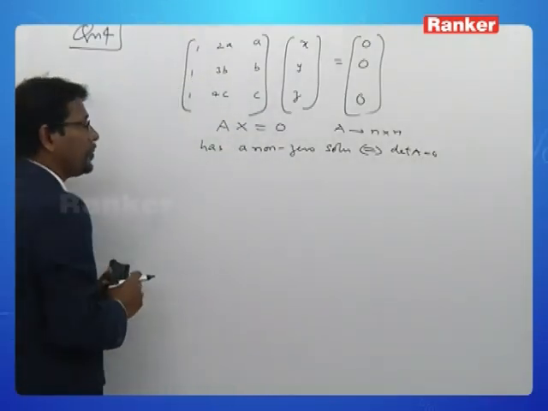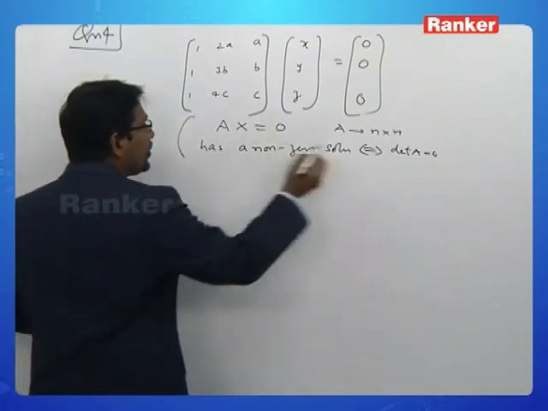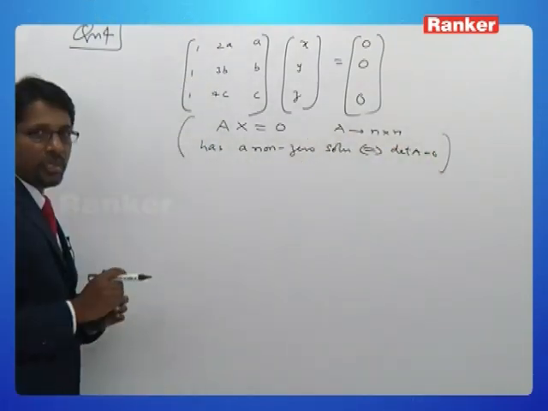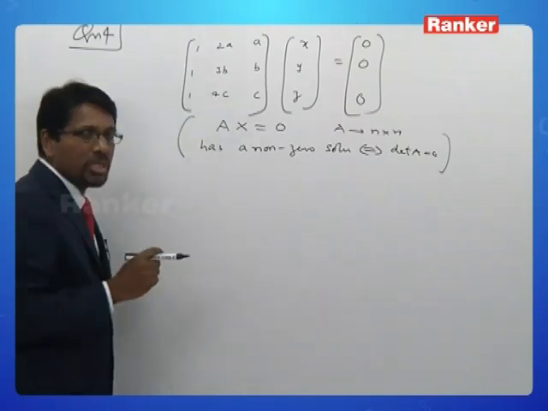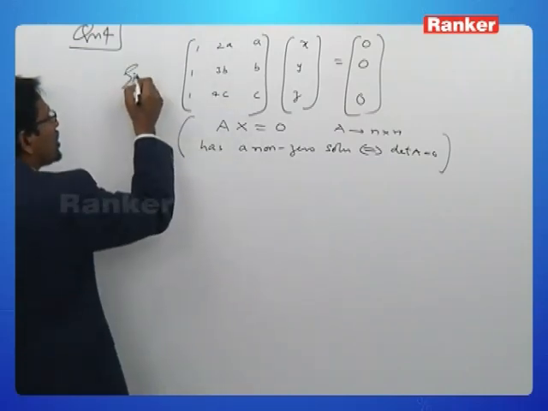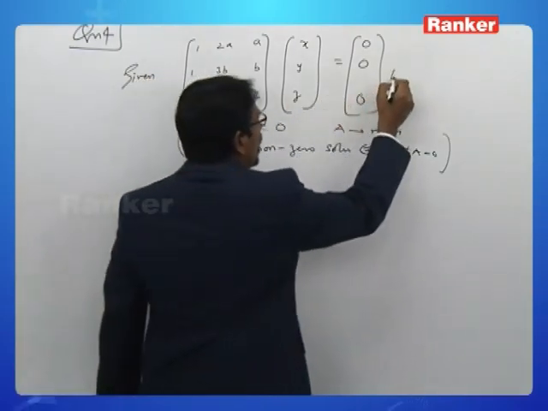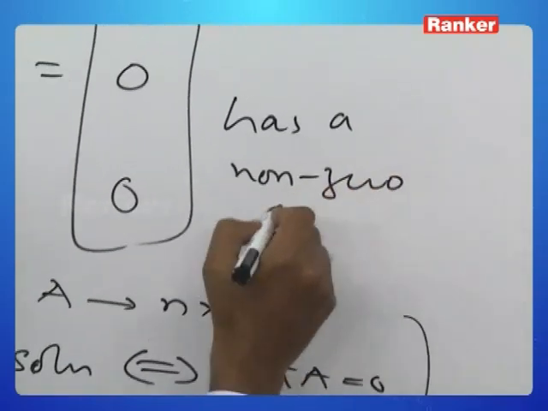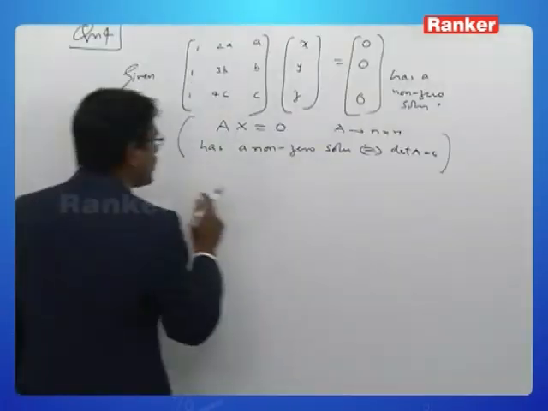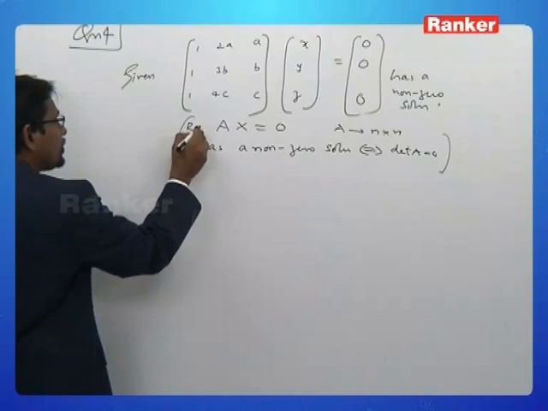We'll use this result here. Given that this system has a non-zero solution, the determinant has to be 0.